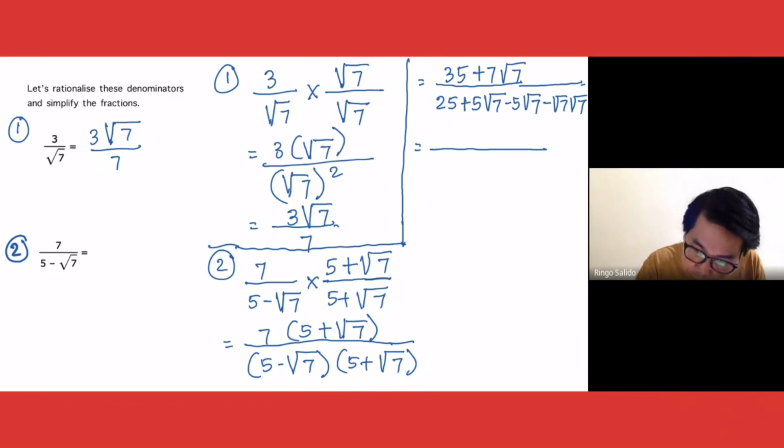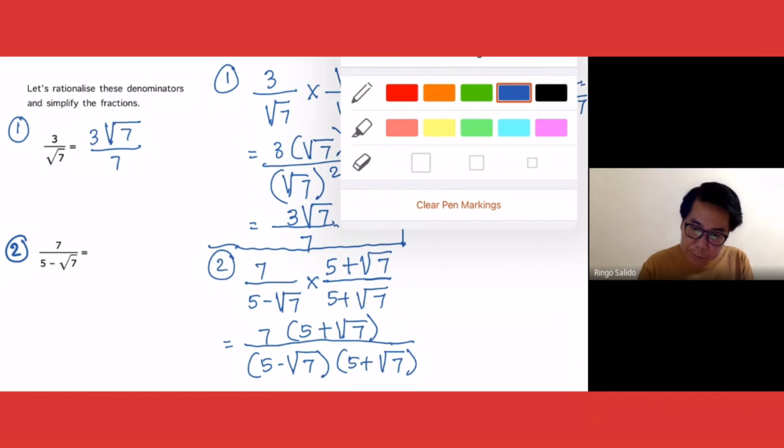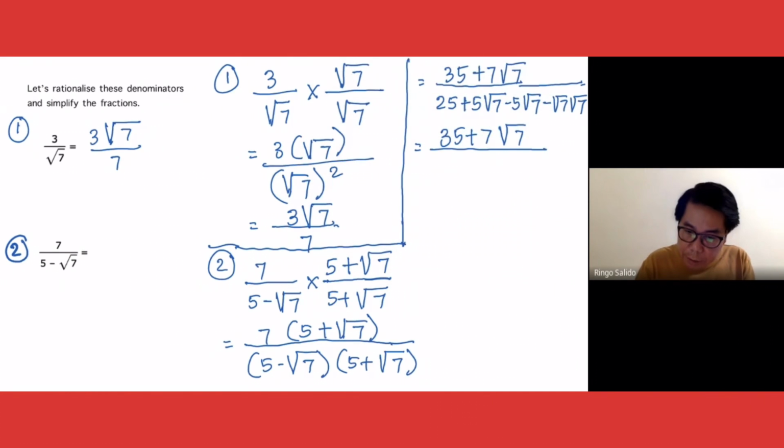So 35 plus 7 root of 7. We don't do anything to the numerator now because it is already simplified, or we have collected them already. Now, for the denominator, I'm going to underline this like term, and this should be cancelled because this is already 0.